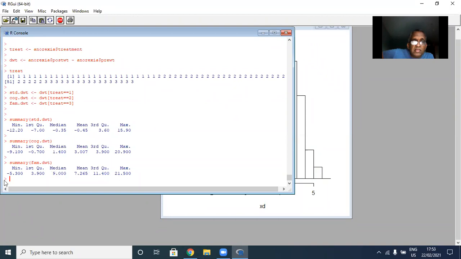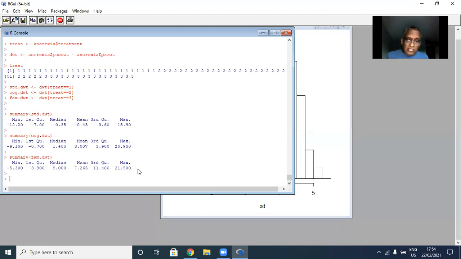If you look at the median, the mean, the third quartile, and the maximum, these are the largest values of the 3 treatments that we considered. This is the largest median, the largest mean, the largest third quartile, and the largest maximum that we have. Therefore, treatment 3 is the most effective of the 3 treatments because that has increased the weight before and after the treatment most dramatically, right?